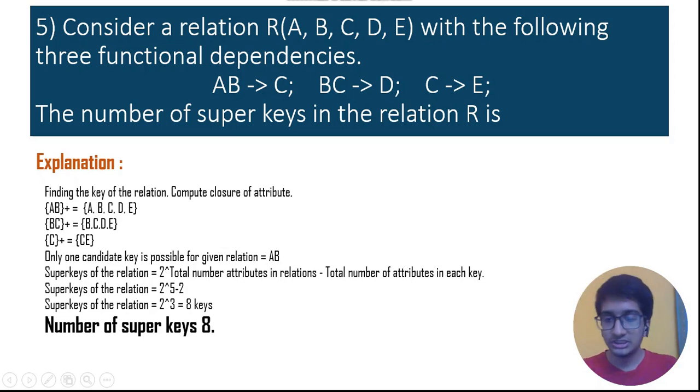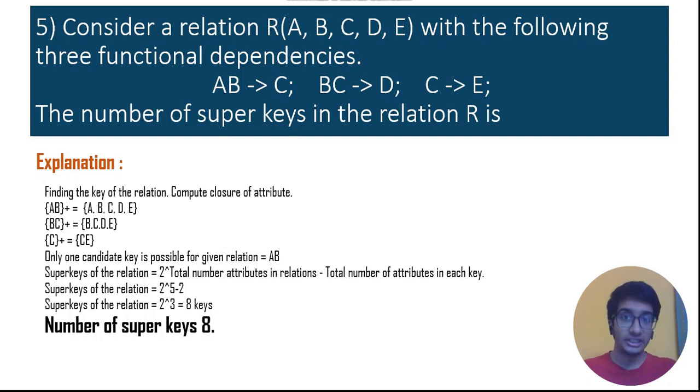So the explanation is basically this. The closure of AB comprises all the five elements A, B, C, D, and E. What does that mean? It means that AB determines all the other attributes.